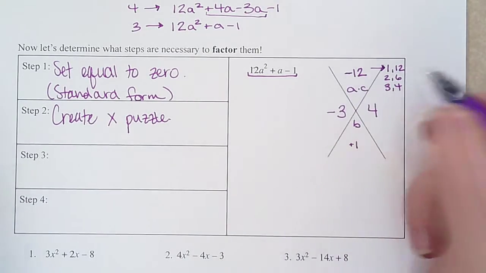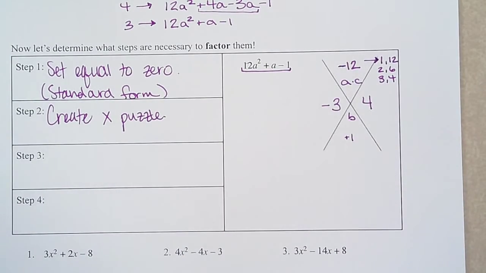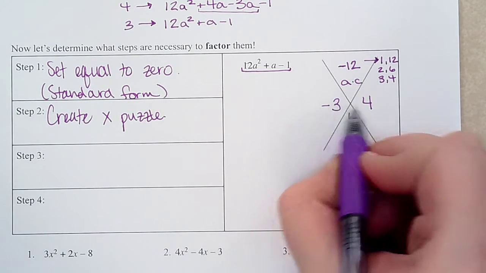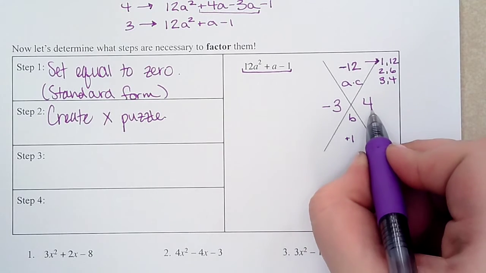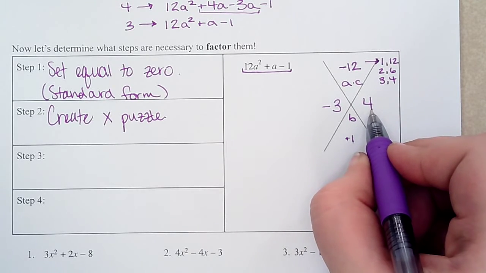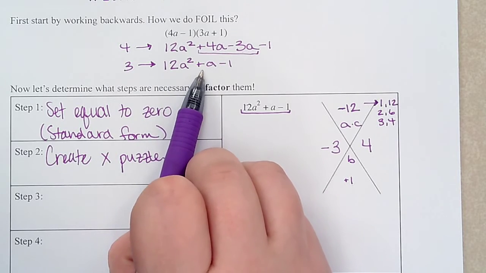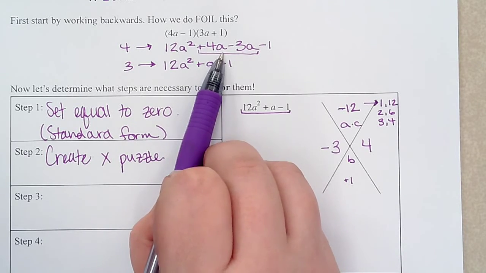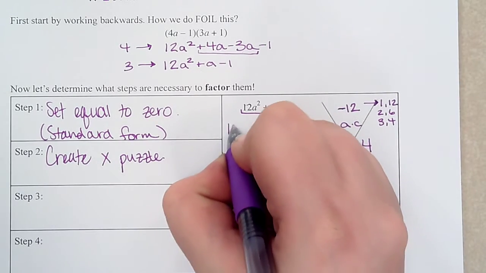Coincidentally, one of them has to be negative because the only way to get to a negative 12 by multiplication is by multiplying a negative times a positive. Now, don't get excited and think that these are your factors. What we're actually doing is going from 3 into 4. So why do we want 4 terms instead of 3? Well, let's rewrite this and find out.